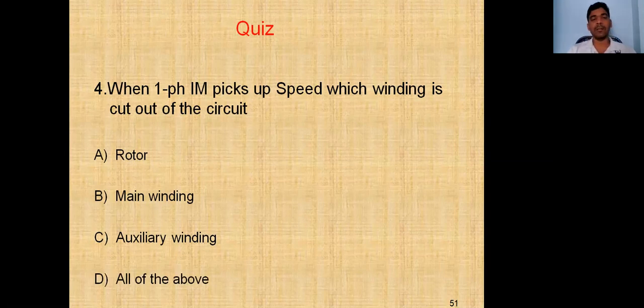When the motor is in running condition, there is no need of the starting or auxiliary winding. To improve the efficiency and reduce the losses, the starting winding is cut off by using a centrifugal switch.